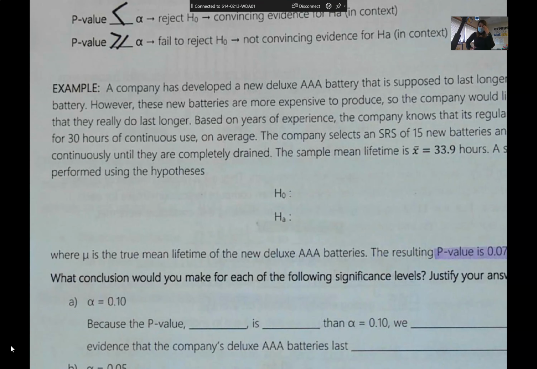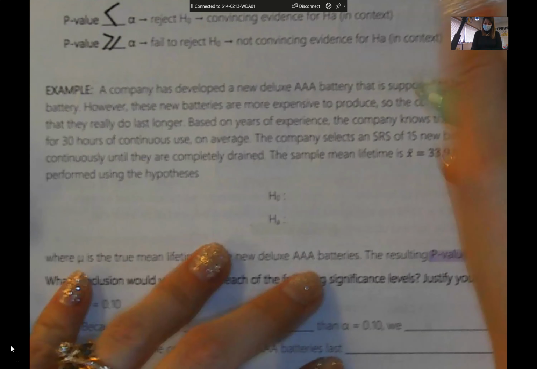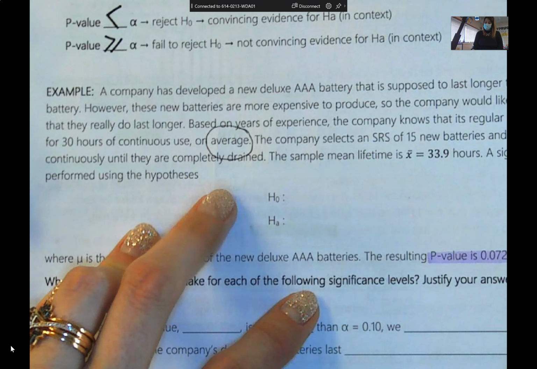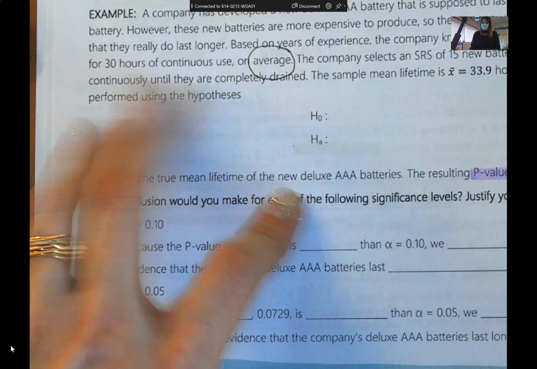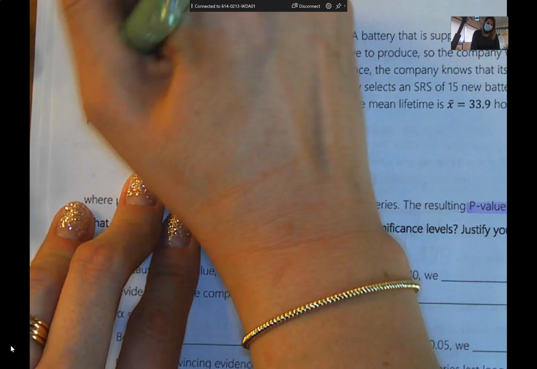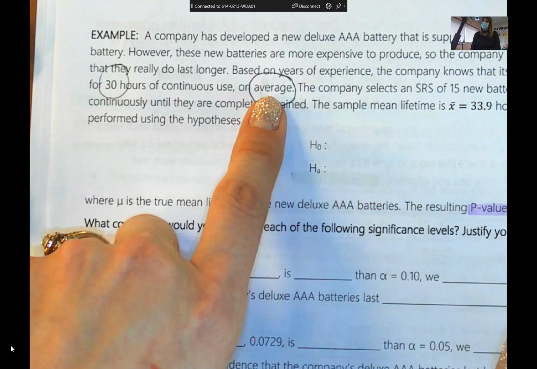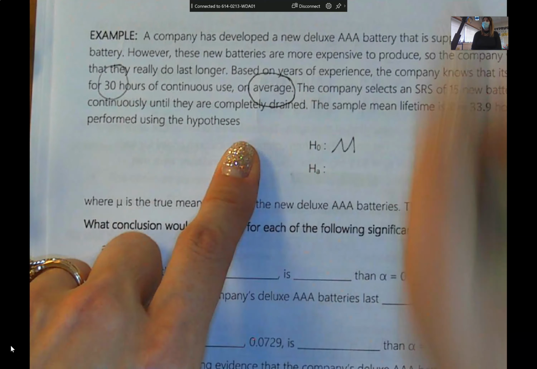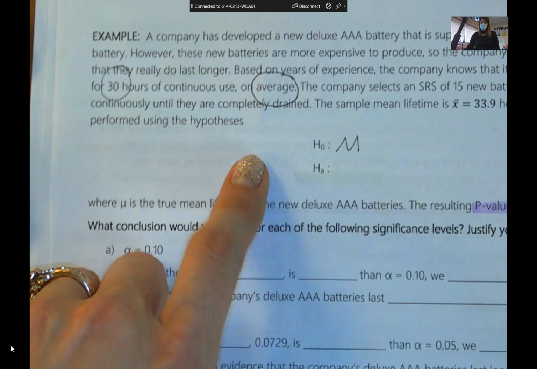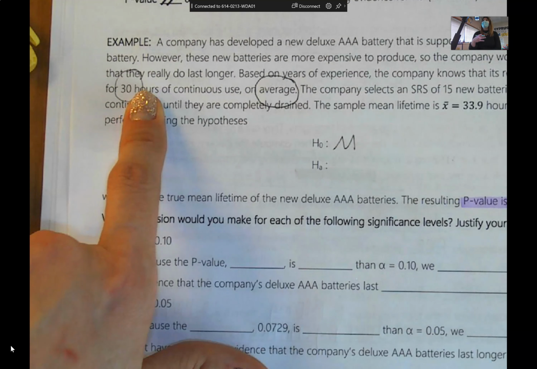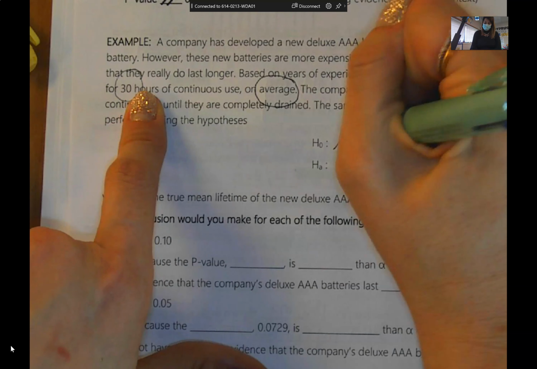So they perform a significance test with the hypotheses. They tell us that the batteries they have been producing are 30 hours on average. So the fact that this number is big with this word average says to me that we're looking at mu. And we use the value that we know has been true, which is 30 hours.